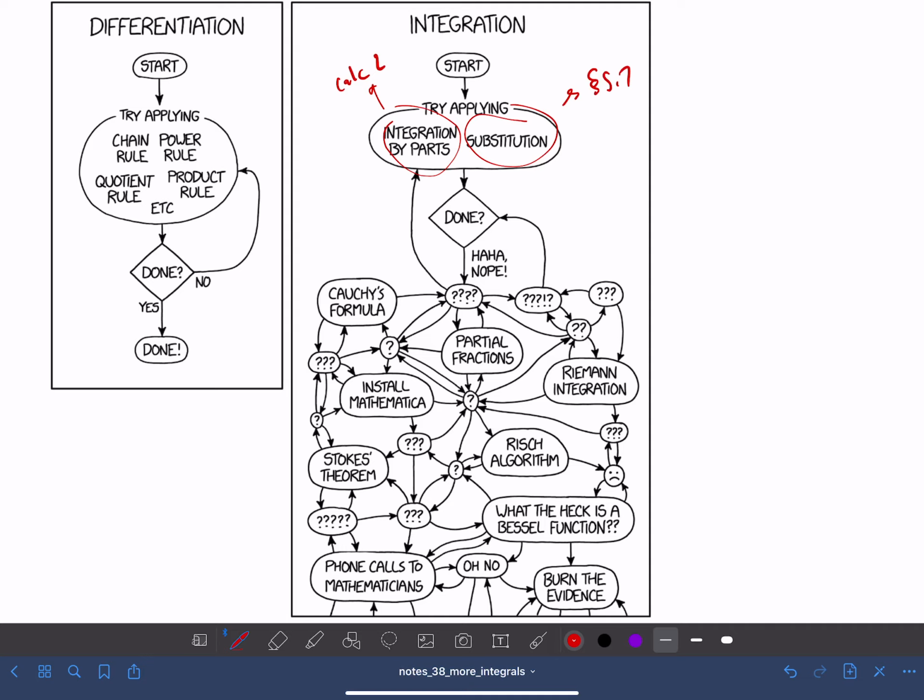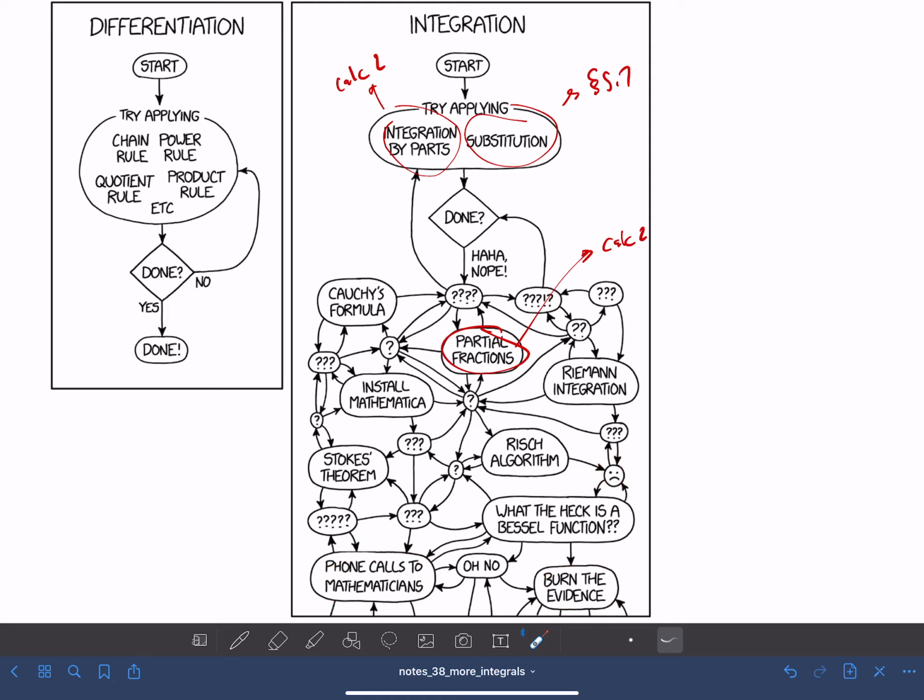Somewhere in here should be a table of integrals. Are you done? No. There's this partial fractions thing right here. That's in Calc 2 that you learn how to do. Install Mathematica. Yeah, phone calls to mathematicians, right? Burn the evidence, like a sad face. He's not wrong.